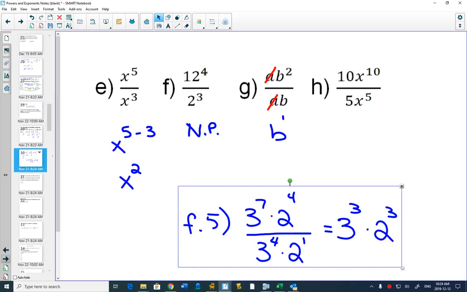With the 2 to the 4 and 2 to the 1, I can subtract the exponents and get 2 to the 3. And then you add those? Well, those ones, the bases are different, so at this time there'd be nothing you could do to change it. 3 cubed times 2 cubed, you'd have to use your calculator to get an answer for that, to find out that that's 216.